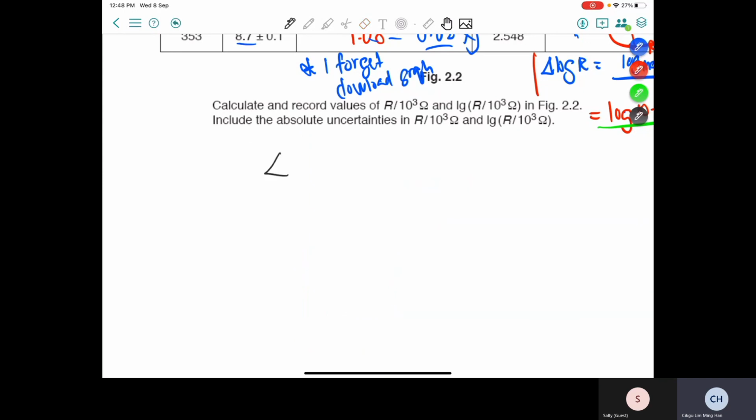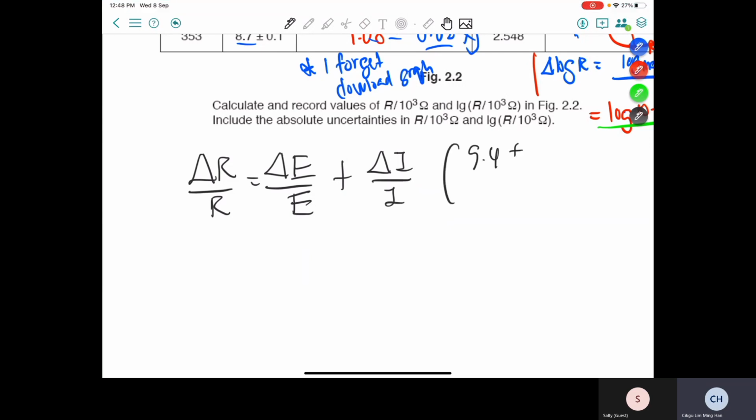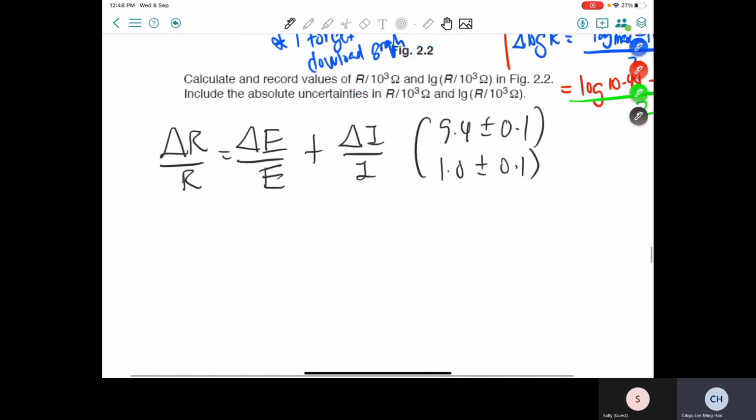So the uncertainty of R over R equals the uncertainty of E plus delta I over I, right? Let's say the first one, 9.4 plus minus 0.1. Then your I will be 1.0 plus minus 0.1 also. And you said it's milli, so it will be 1.0 times 10 to the power of -3 plus minus 0.1 times 10 to the power of -3.